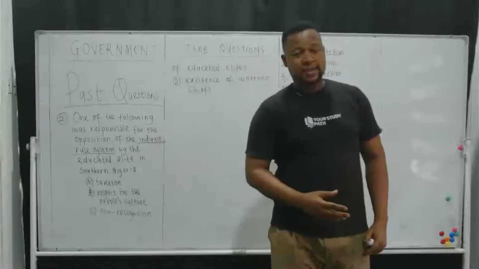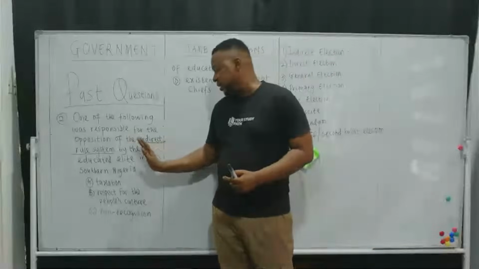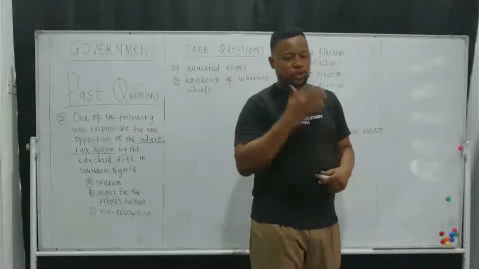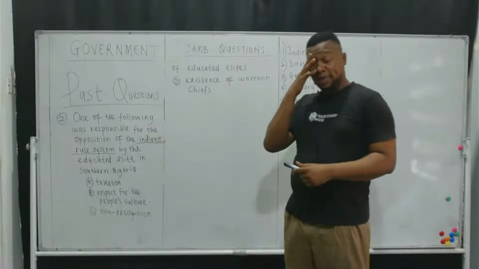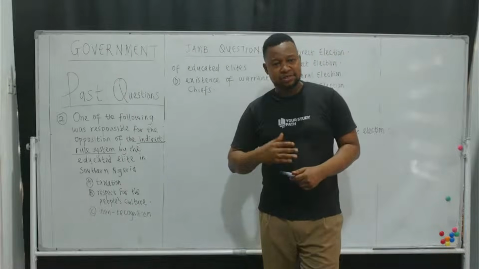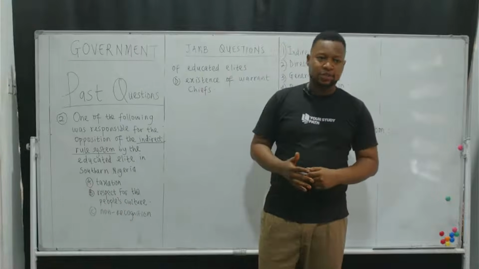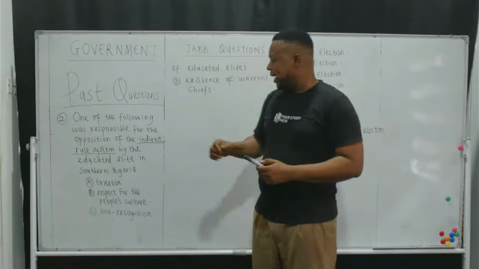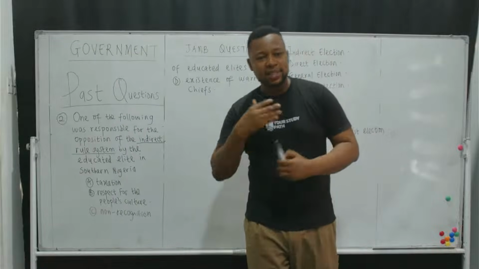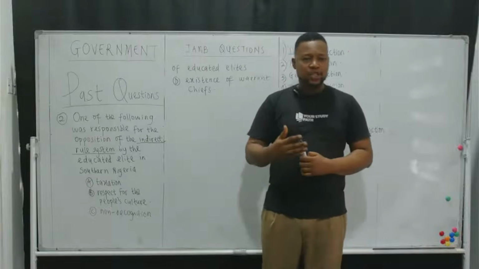As a student preparing for JAMB, you have to understand the concept of indirect rule. Firstly, you need to understand the meaning. If you are asked to define indirect rule, how do you define it? Let me explain. Indirect rule can be defined as a British policy of administration.